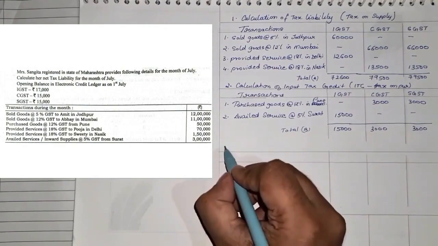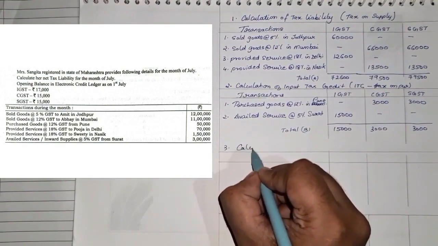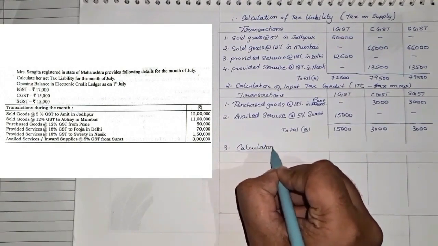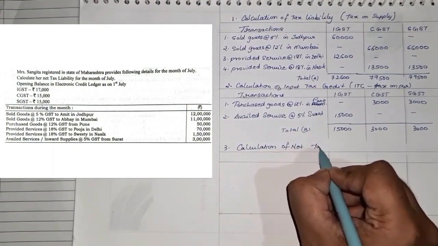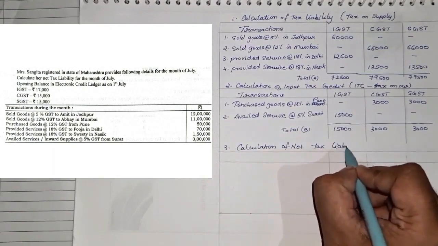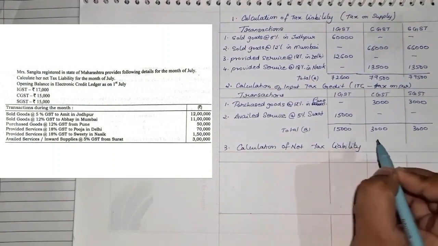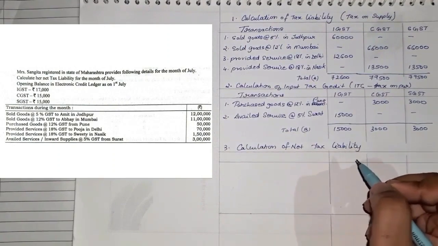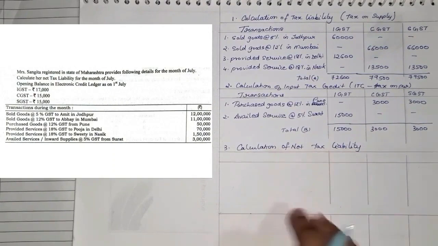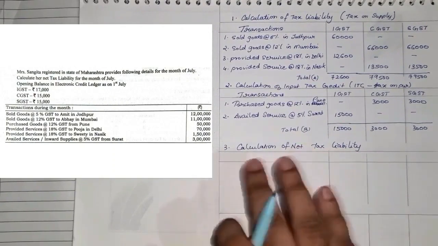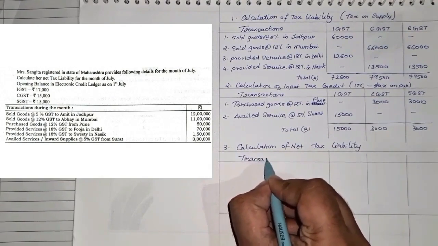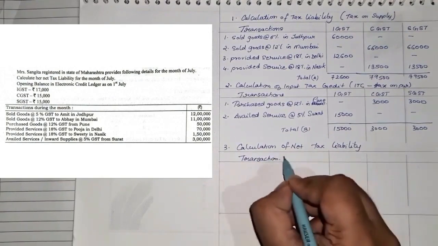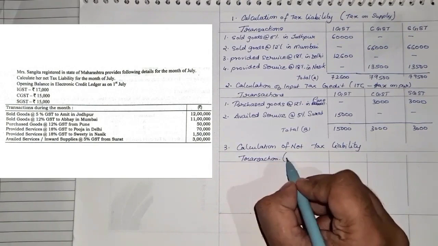Step number 3, calculation of net tax liability. Now based on the third answer, we'll come to know whether we need to further solve the fourth step or the sum is done at the third step itself. We'll have transactions, or you can have basically particulars.